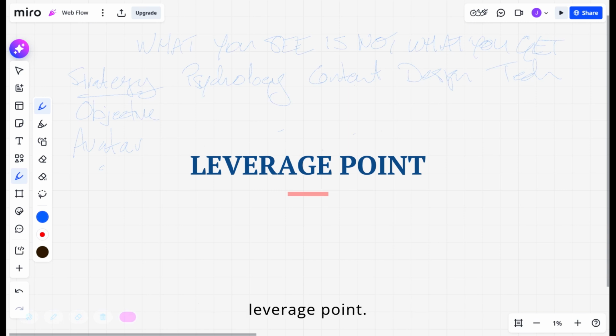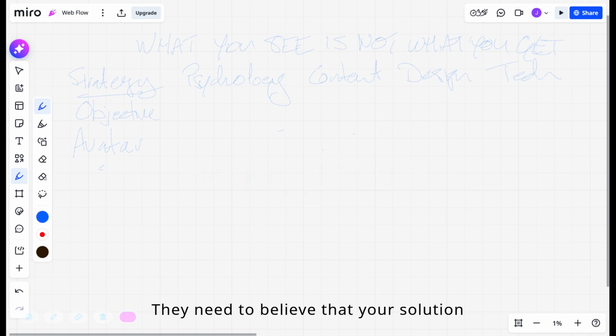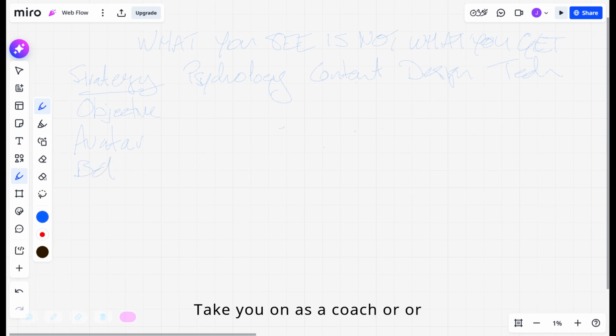That's your leverage point. I then take a look at beliefs, because they need to believe that your solution is going to help them get the results that they're looking for. If they don't believe that, then they're not going to take you on as a coach or whatever product or service that you're offering. There are actually two different types of beliefs.